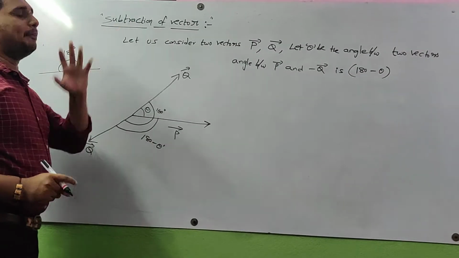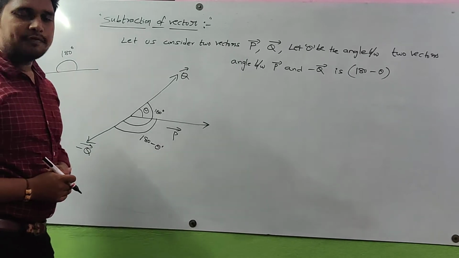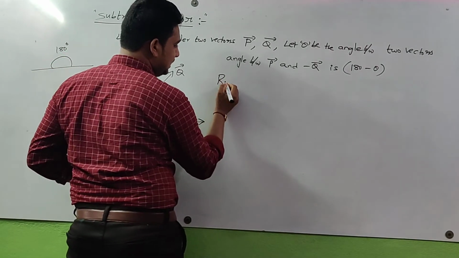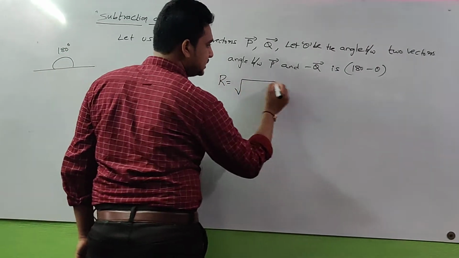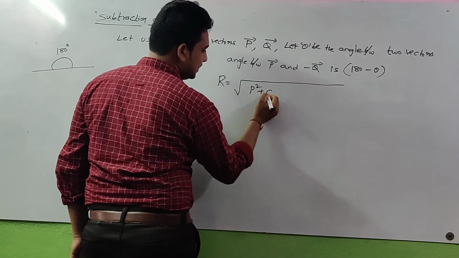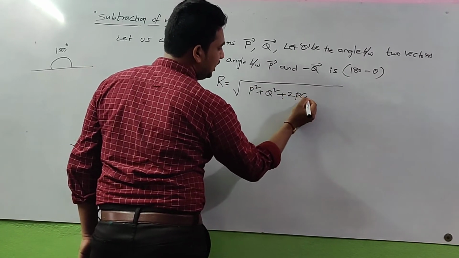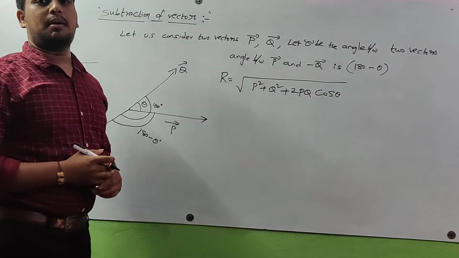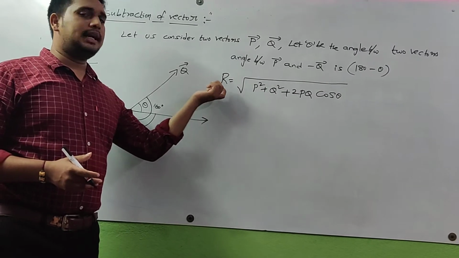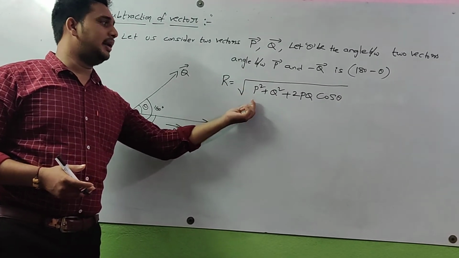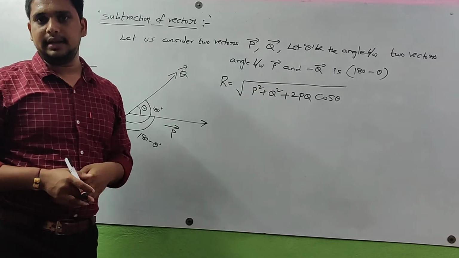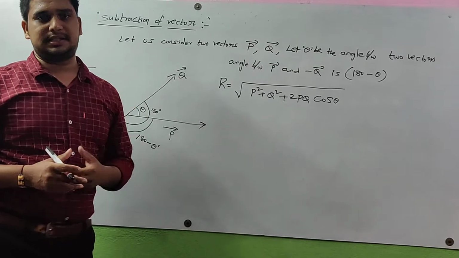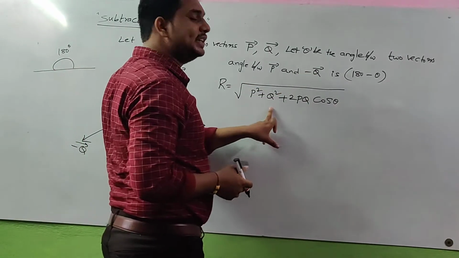So then how to apply the subtraction of vector concept? Already we know from the parallelogram law of vectors, the magnitude of the resultant r is equal to square root of p square plus q square plus 2pq cos theta. Here, for addition of p plus q, we got this resultant. What about subtraction? Here q is nothing but minus q we consider.